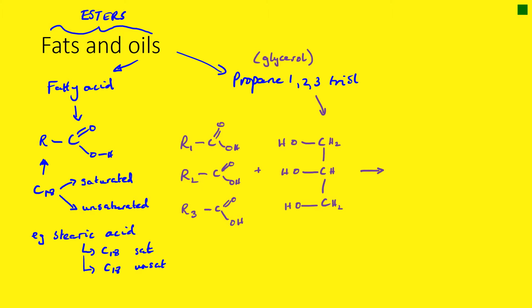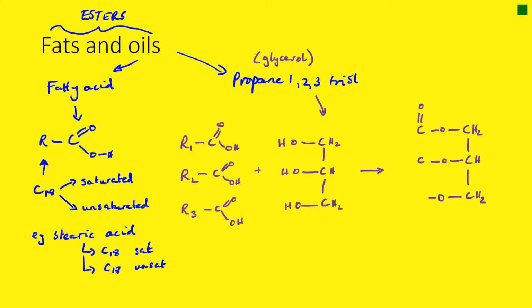Let's see what we've got. Let's start with our backbone first. So we're going to have CH2, CH, and CH2. Now the ester link comes next. There's our other ester link there, but of course in this reaction the alcohol loses its hydrogen and joins onto the acid group, the carbonyl group of the acid.